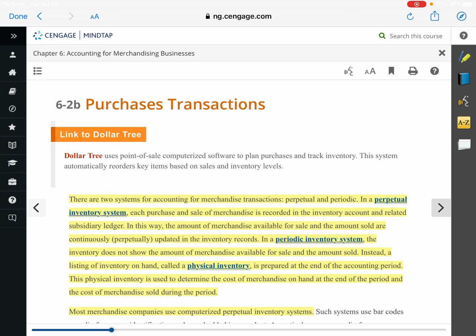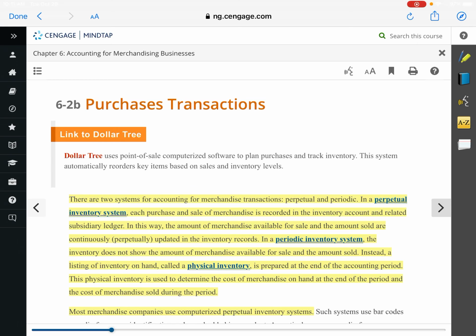So if we're a business, we go out and we buy inventory. How should we record that? First of all, inventory is an asset to us. So we would debit merchandise inventory for $2,510.